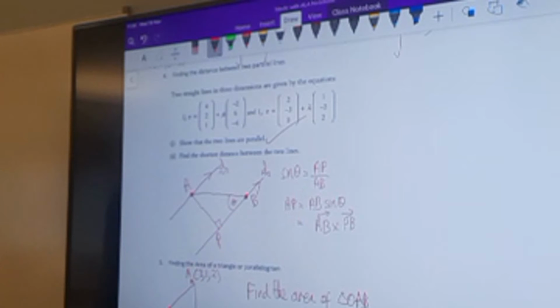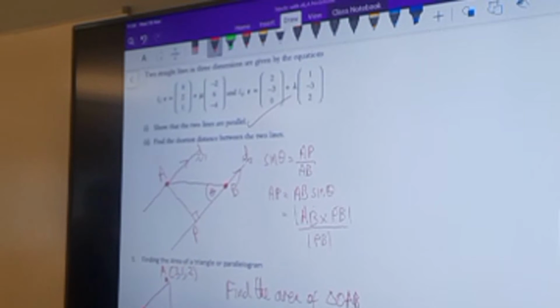If I divide this by the magnitude of the direction vector, I get AB sine theta.